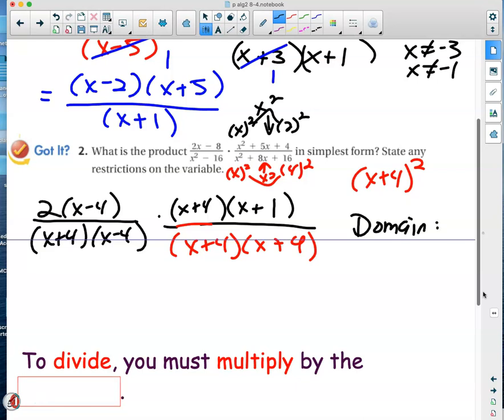We have everything factored. All right, what numbers are out thanks to this first denominator? Yep. Can we add to that list? Didn't give us anything new, did it? And now we can cancel, hopefully lots of things. What did you see?